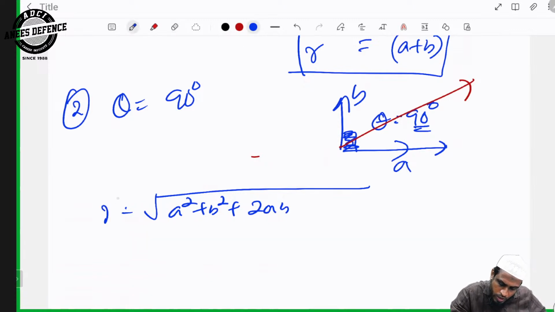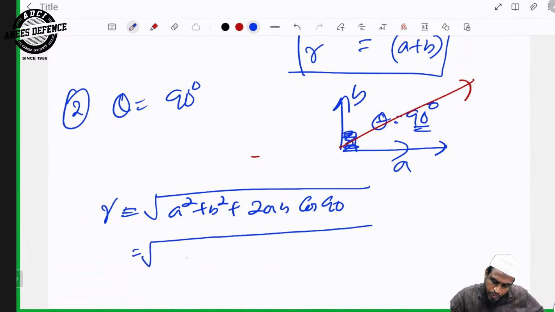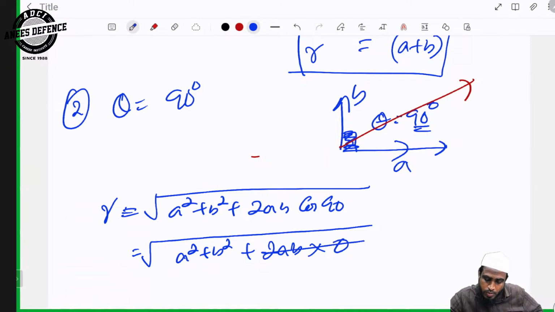So R equal to root of A square plus B square plus 2AB cos 90. Cos 90 is 0, so this entire term is 0, and the answer will be root of A square plus B square.